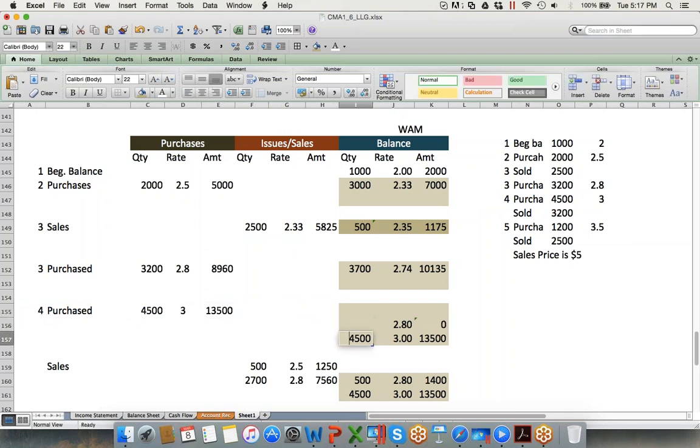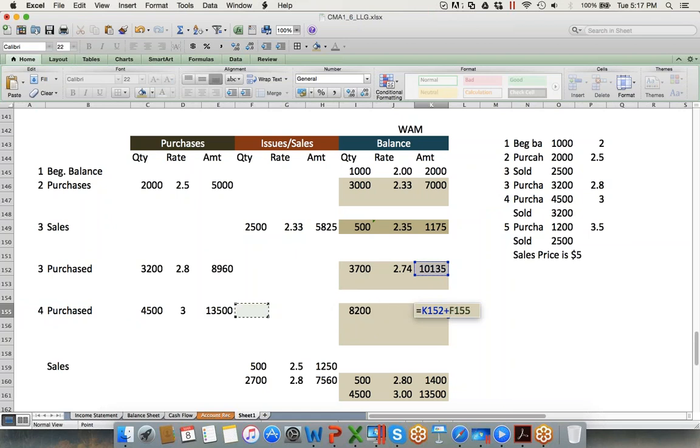Now the same rule again. Add quantity to quantity, value to value. 3,700 plus 4,500. 10,135 plus 13,500. Find a new price, 2.88.